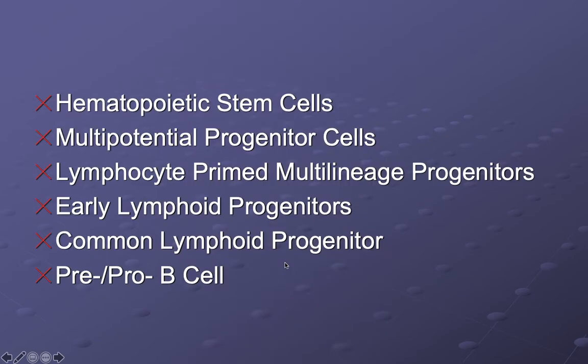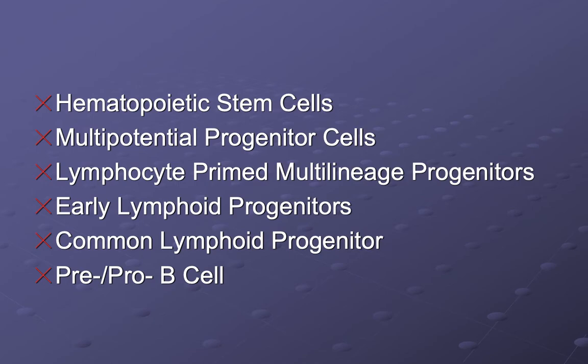For ELPs, the molecular marker that you should be remembering are recombination activating genes, RAGs, which are useful during the gene rearrangements. Some of these early lymphoid progenitors can migrate to the thymus, giving rise to the T cells, while others stay in the bone marrow, giving rise to our B cells.